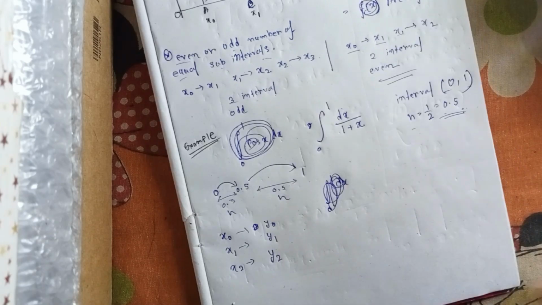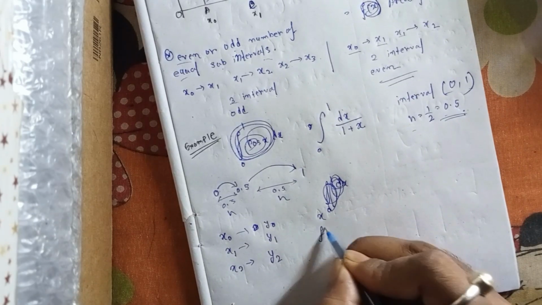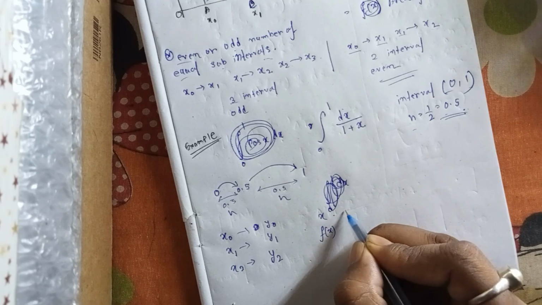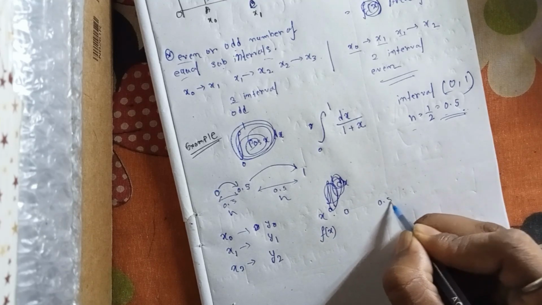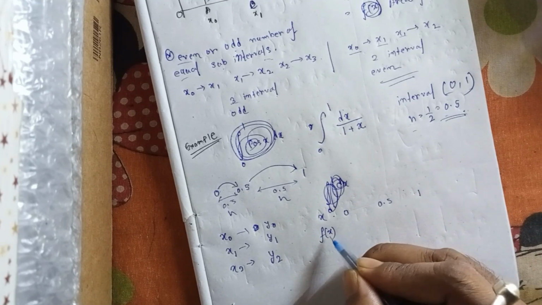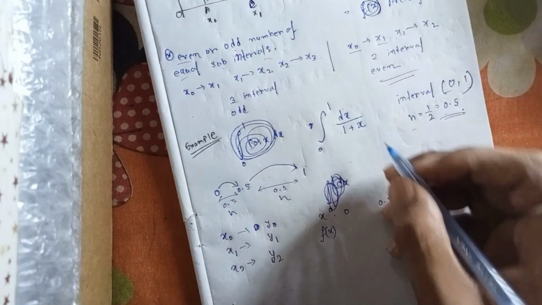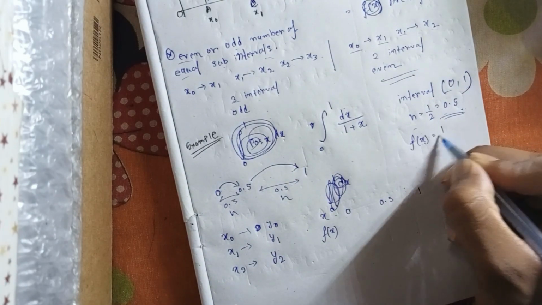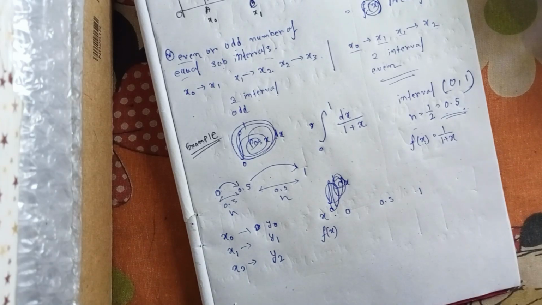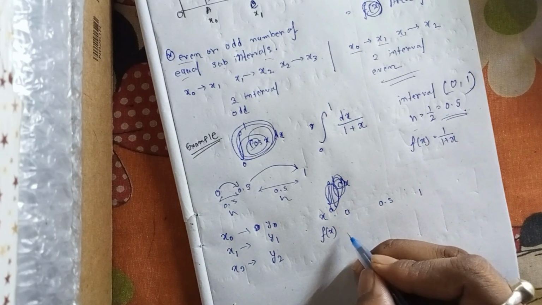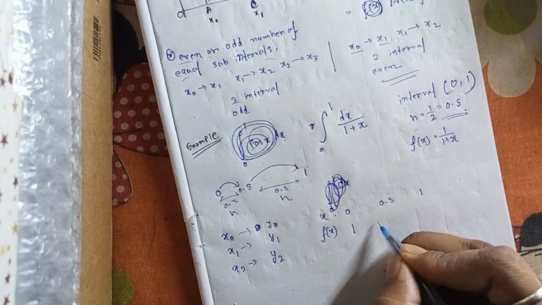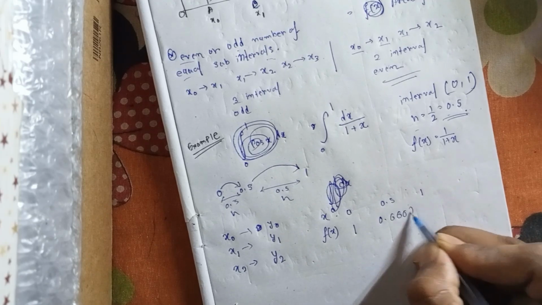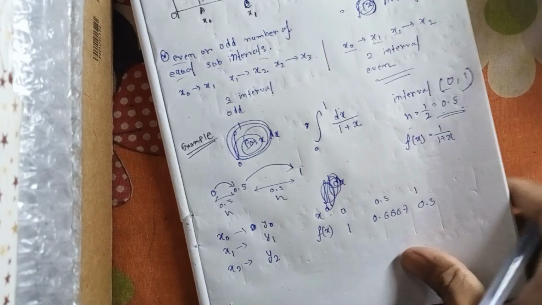Okay, so x and f of x: 0, 0.5 and 1. According to this, if you put x equal to 0 in this function f of x, you will get 1, 0.6667 and 0.5. Simple.